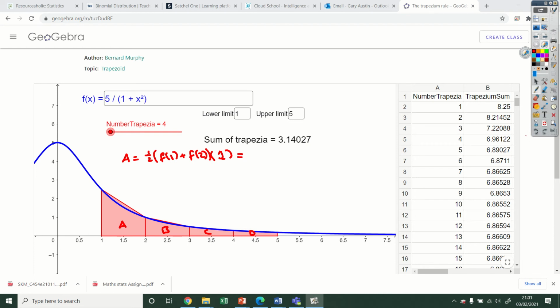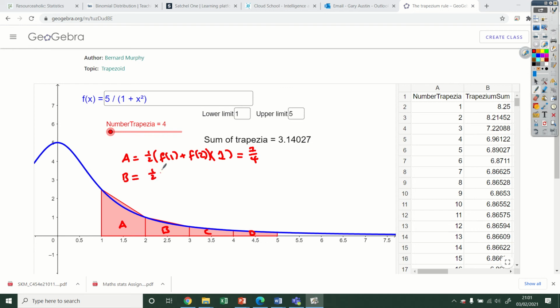So 5 over 1 plus 1, which is 2, plus 5 over 1 plus 4, which is 5, divided by 2. Okay, I meant this to be 7/4. It doesn't particularly matter if I get these numbers wrong. The important part is we're looking for the patterns in here.